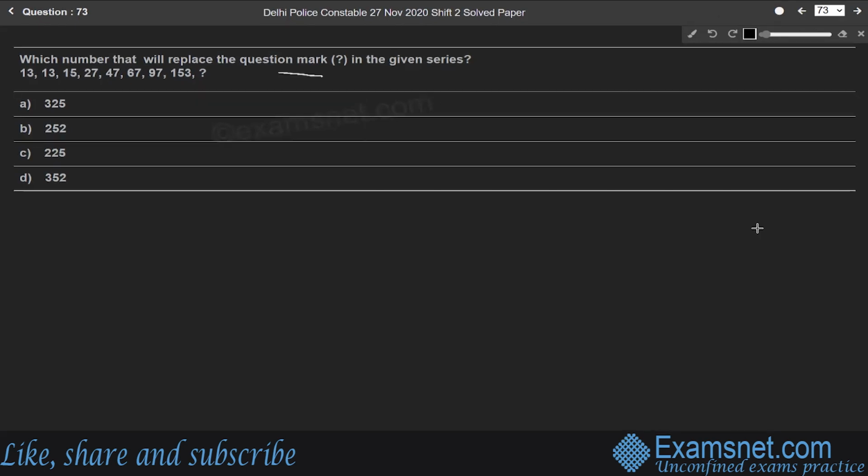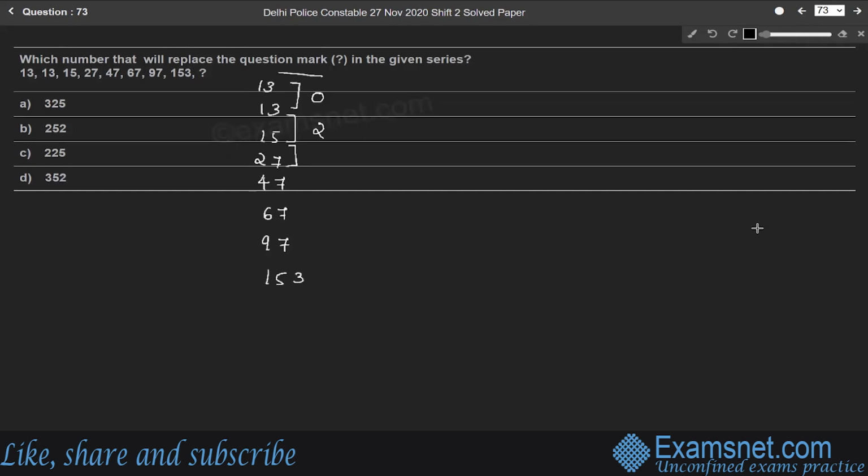So numbers are like this. 13, 15, 27, 47, 67, 97, and 153. The difference between the first two numbers is 0. And the next two numbers, it is 2.